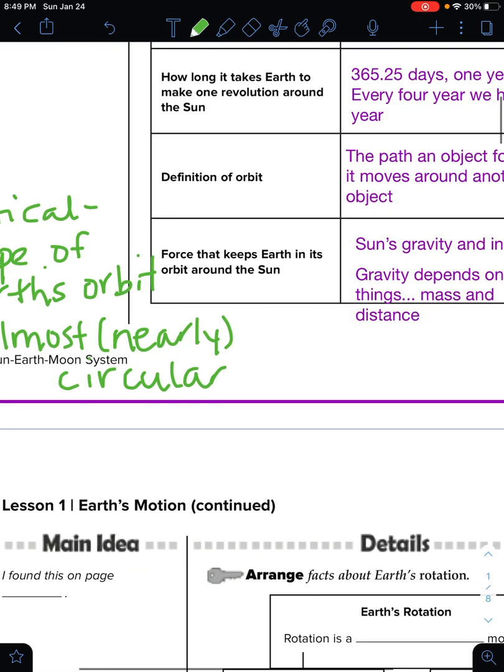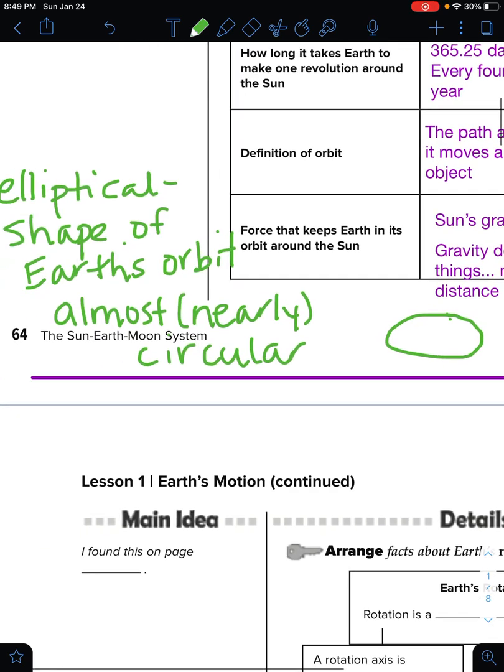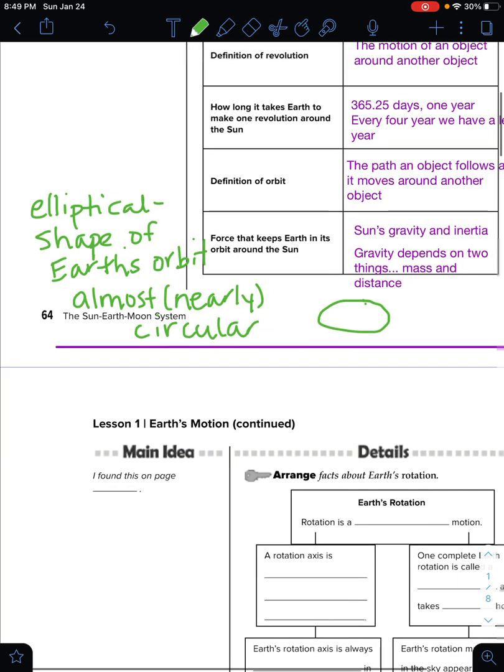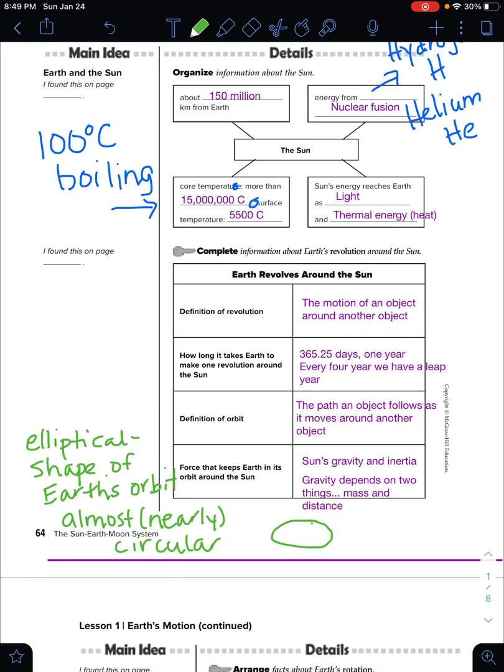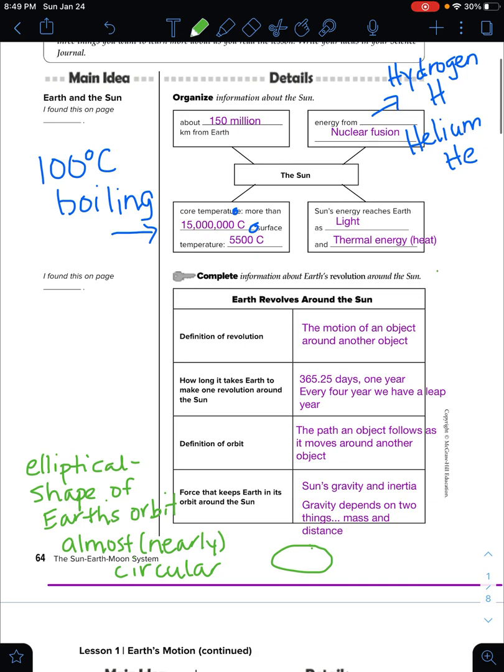Not quite perfect. Okay, and so you can kind of draw it like this. That is an elliptical orbit, okay? So make sure that you have this filled out. Thank you for being patient with me as I am perfecting my typing on Notability.